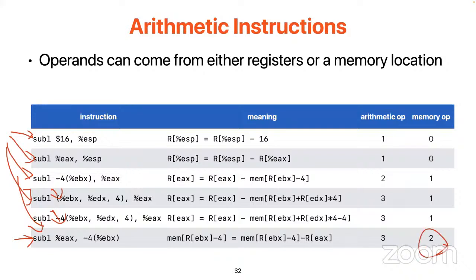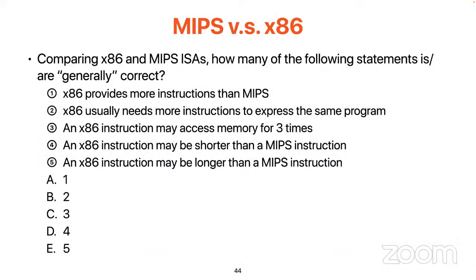It would access the data memory twice, because you have 1 load and 1 store. But don't forget, in the very beginning, your instruction is also coming from memory. So you also need to access the memory to get the subtraction itself. So it turns out that an x86 instruction would definitely cause the computer to access memory 3 times.